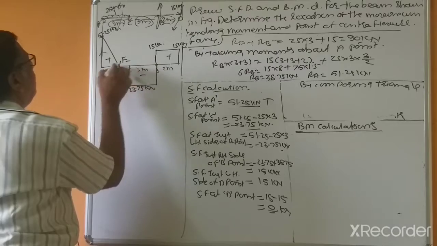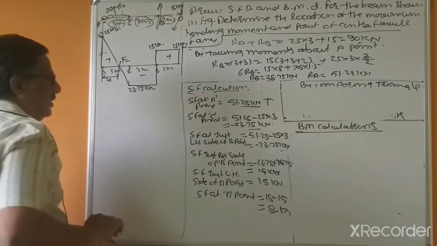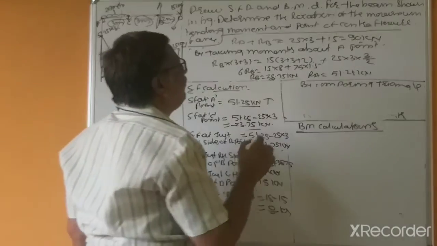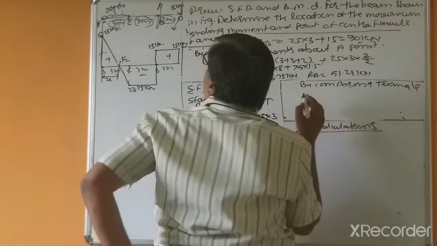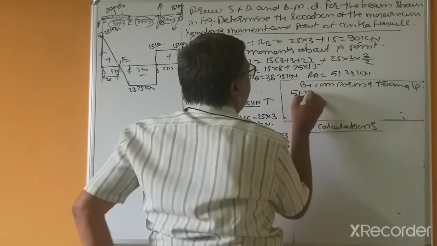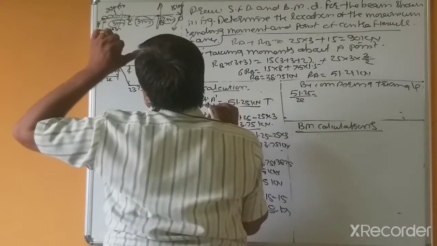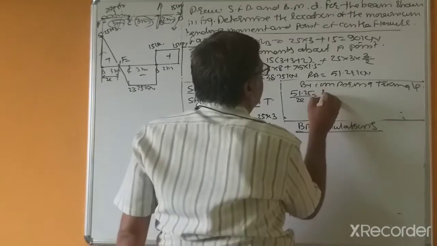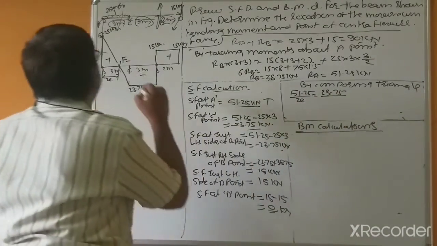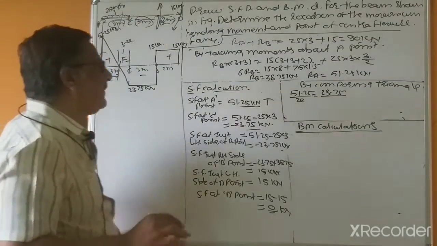Suppose E point, and this distance equal to x. Now by comparing triangles, 51.25 divided by x equals 23.75 divided by this distance, which you can consider as 3 minus x.